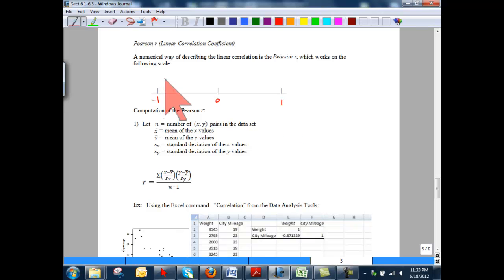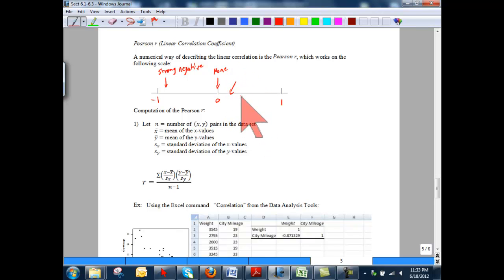And we interpret the values as follows. So something with R equals, say, -0.8 would be an example of a strong negative correlation. If R turns out to be 0, there's no correlation.